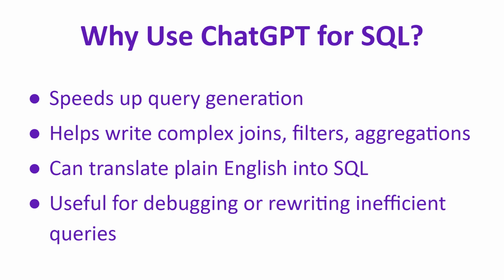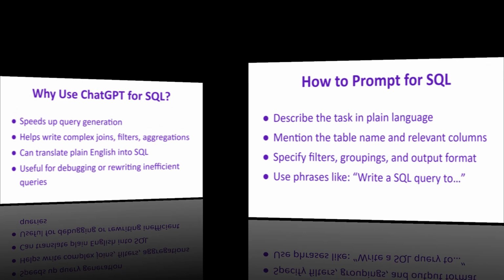So, why use ChatGPT for SQL? The reasons are: it speeds up your query generation, helps write complex joins, filters, and aggregations, can translate plain English into SQL, and is useful for debugging or rewriting inefficient queries.